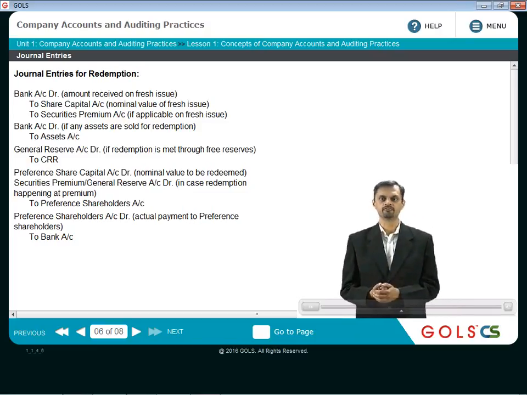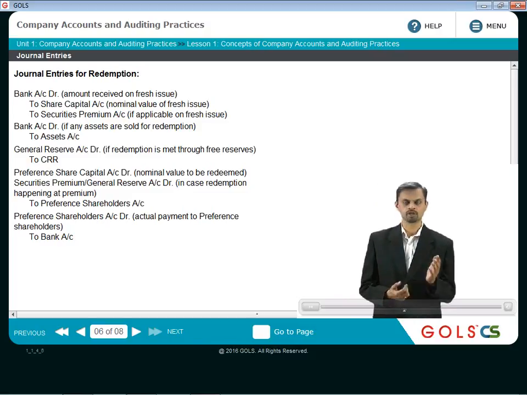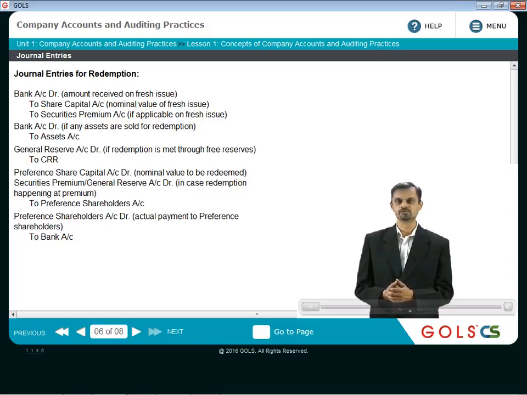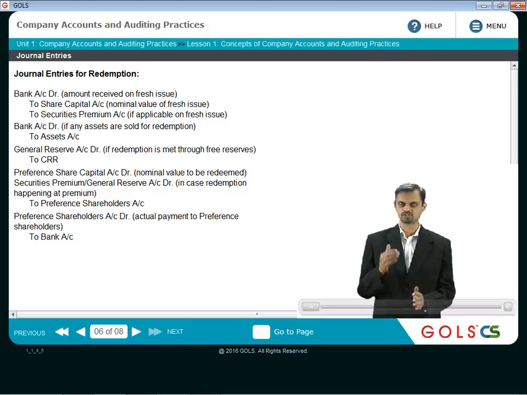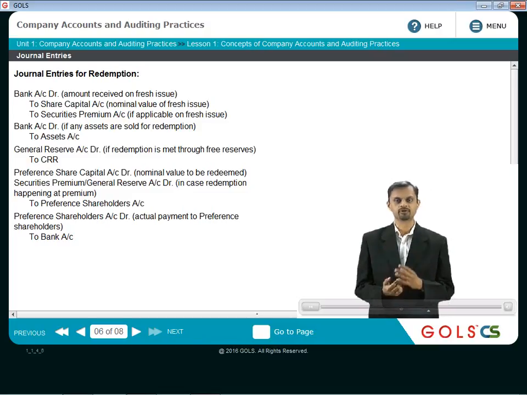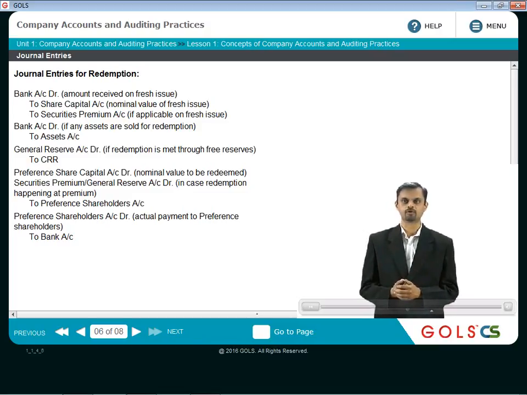So for that the entry will be general reserves account debit, or whatever name it is called as. So free reserves account debit, whatever it is. So general reserve account debit to CRR. Now the money due to the preference shareholders. So preference share capital account debit, because the share capital is coming down, to the extent of the nominal value of preference shares redeemed.